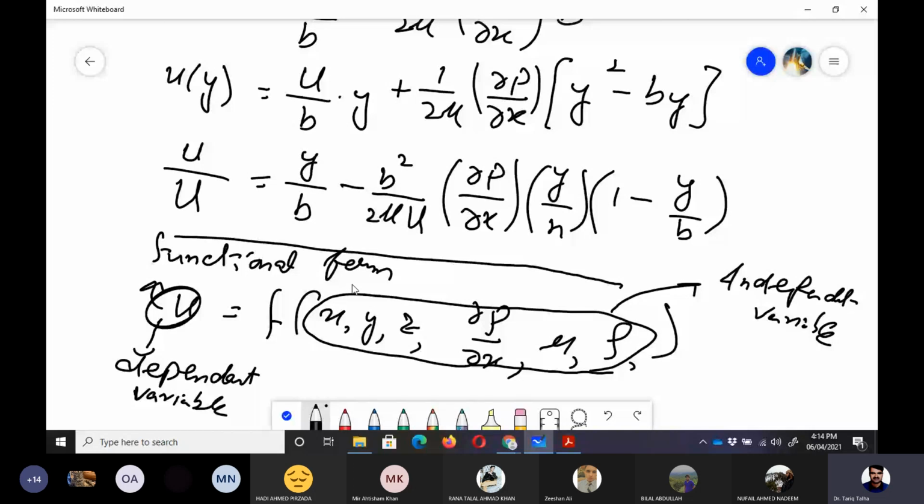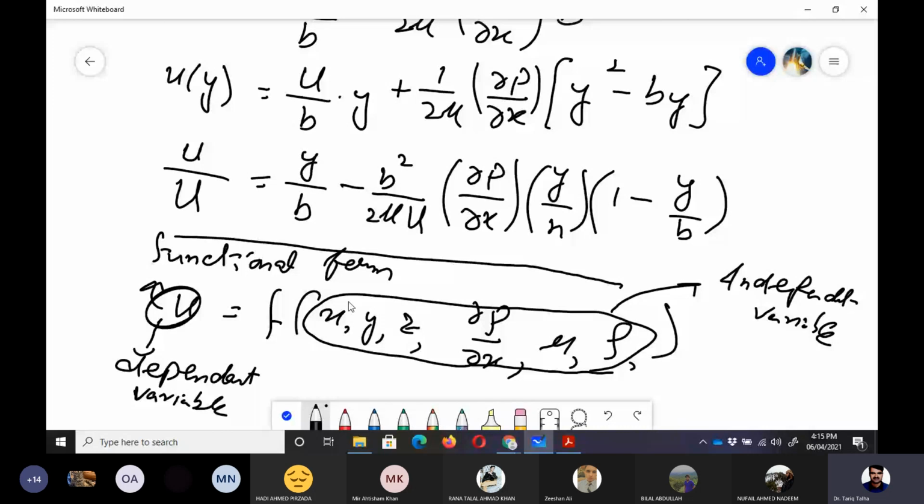So if we want to study the variation of u with respect to each independent variable, we need to change one variable and keep all the others constant. So we need to keep the other six, maybe here we have 1, 2, 3, 4, 5, 6, constant. First I would change x and see how u changes, with the other five variables constant, and then y would be changed, and then the remaining would be constant.